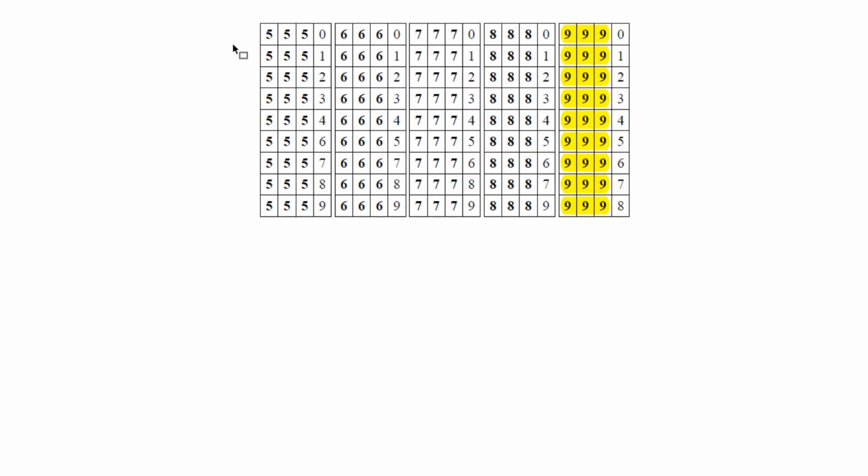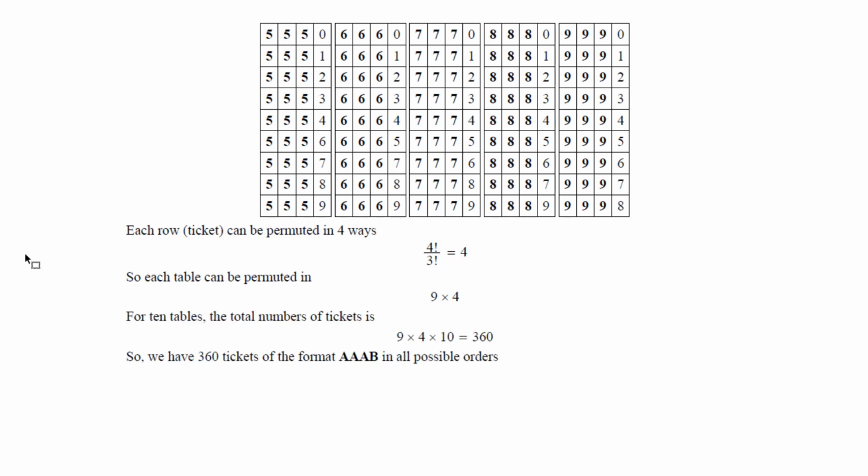and each table contains all these tickets, and each ticket can be permuted in how many ways? Can be permuted in 4 ways. So each table contains 9 tickets, and each ticket can be permuted in 4 ways. So we are going to get 9 times 4, which is the number of permutations per one table, and we have 10 tables.